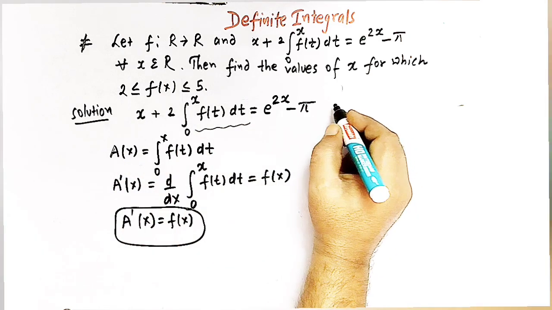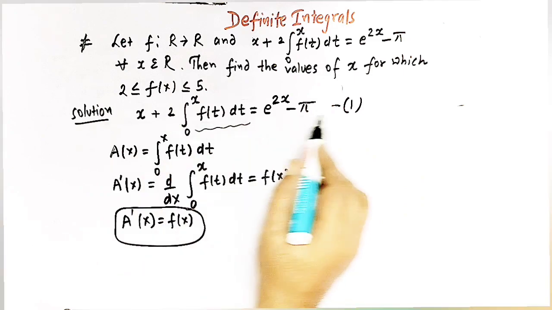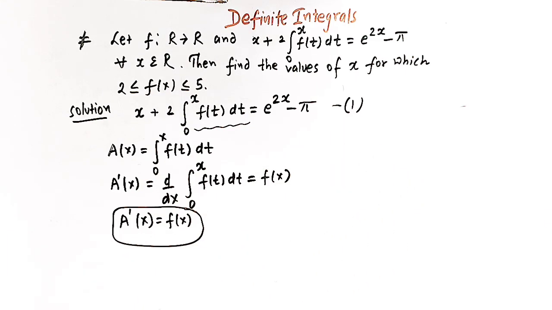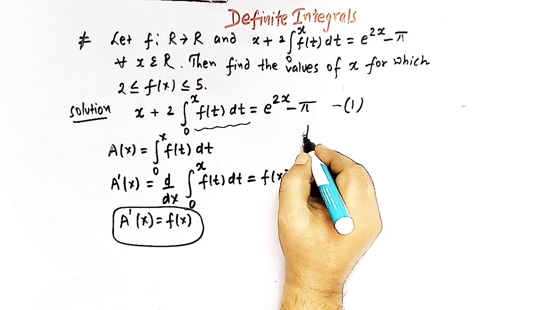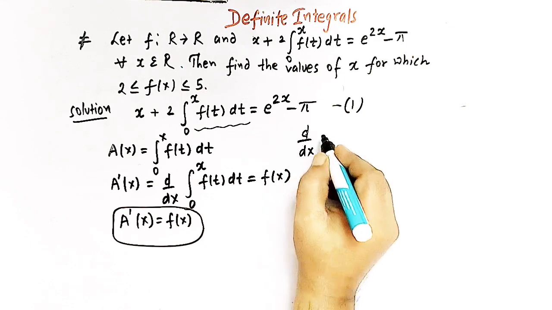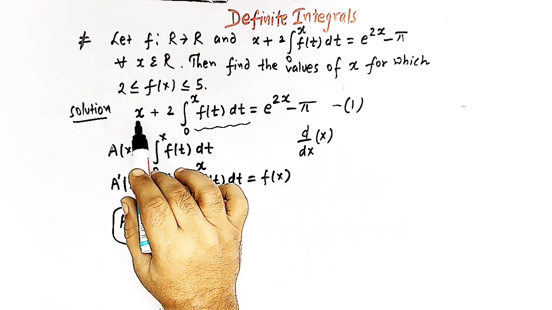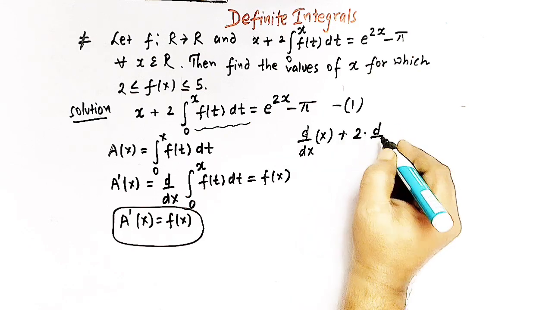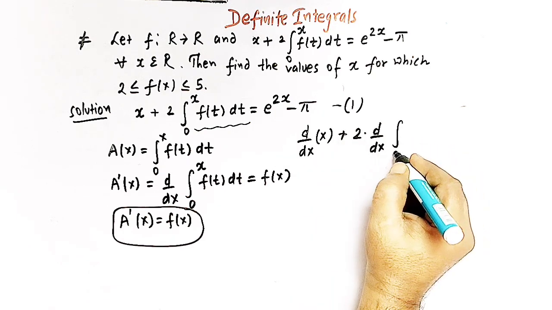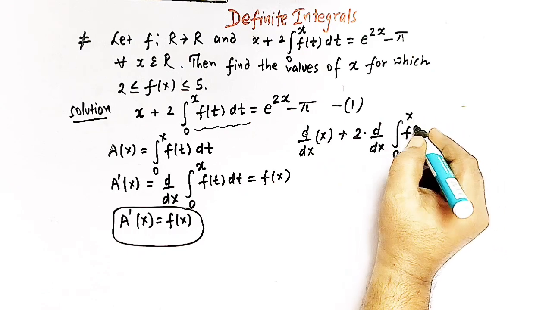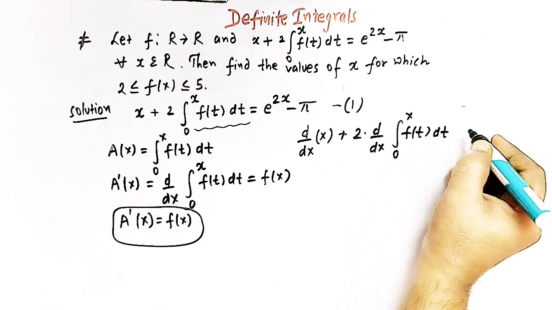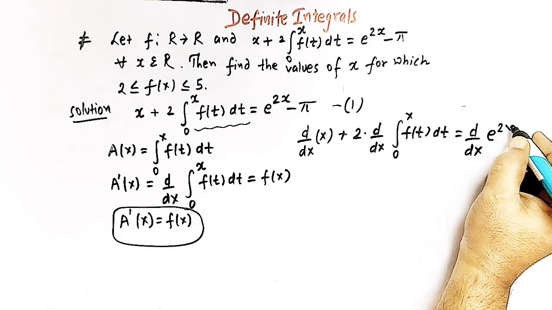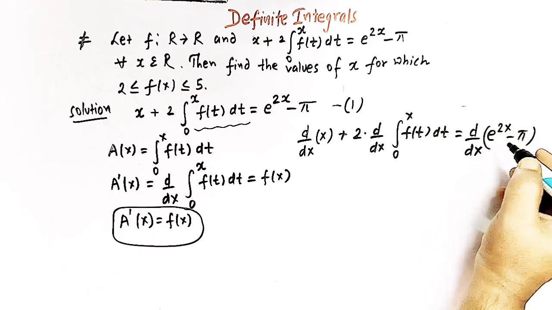So let us differentiate both sides of equation 1 with respect to x. So now we can write d by dx of x, the first term is x, and then we have 2 times the derivative of the integral 0 to x f of t dt, and here we have d by dx of e raised to 2x minus pi, right?